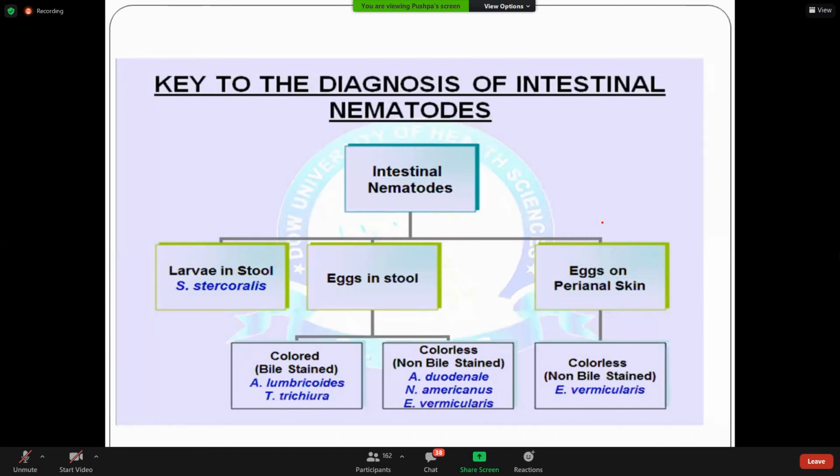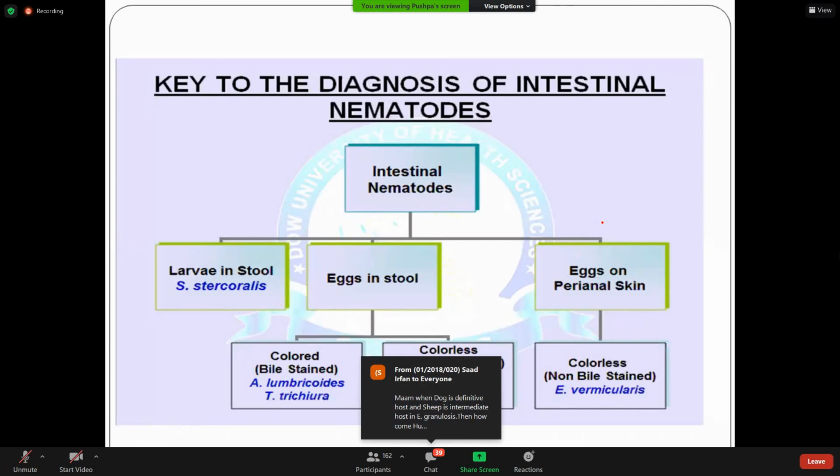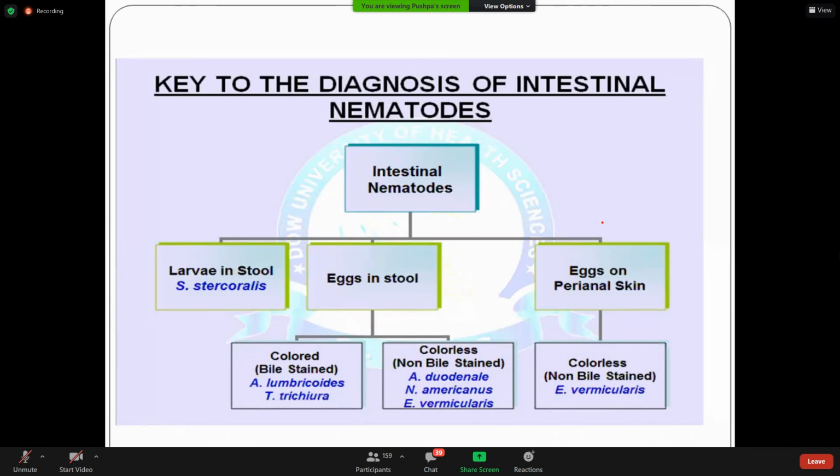Any other question? Can liver flukes affect human beings? Yes, but we are not discussing liver flukes today. Okay, any other question?